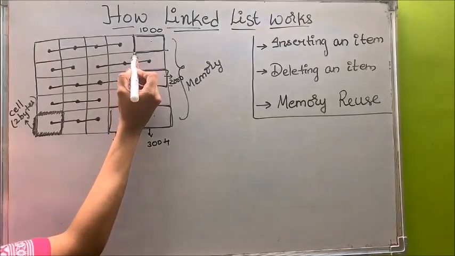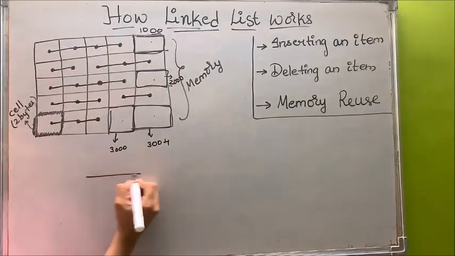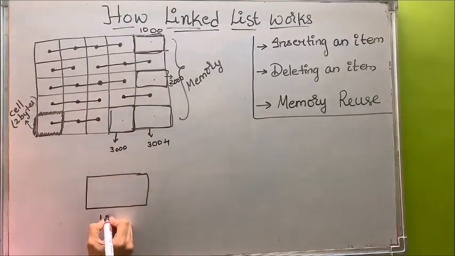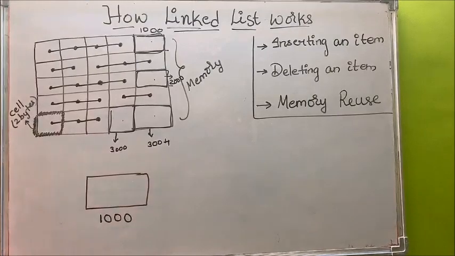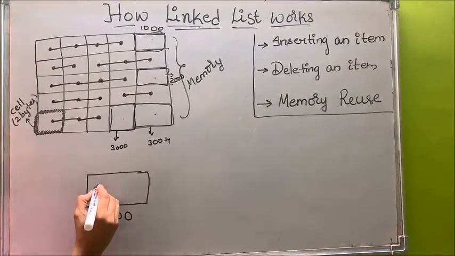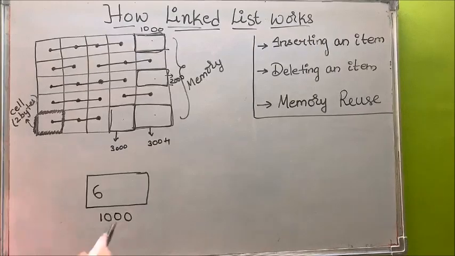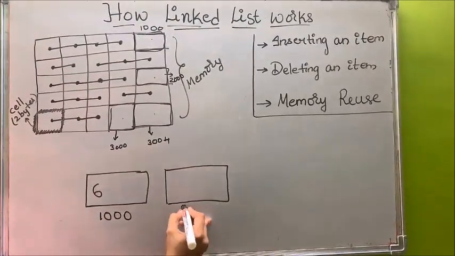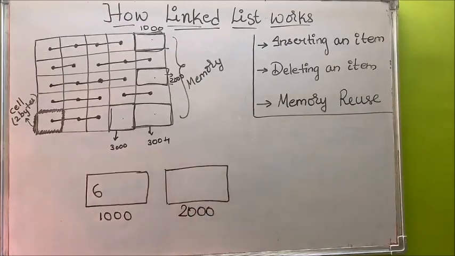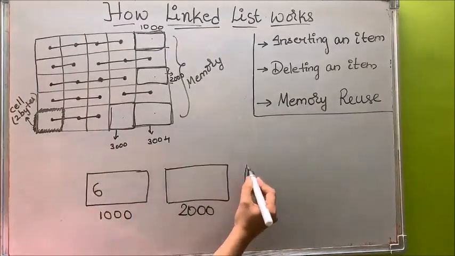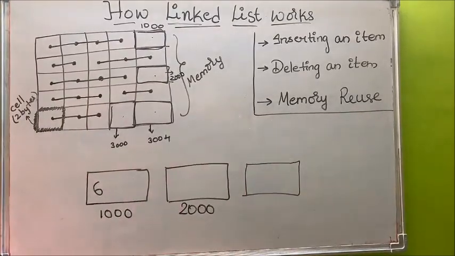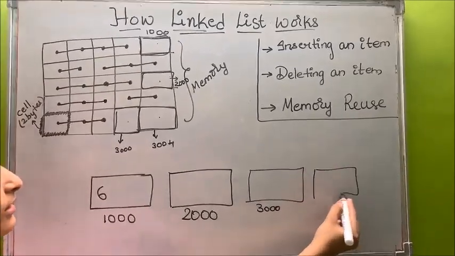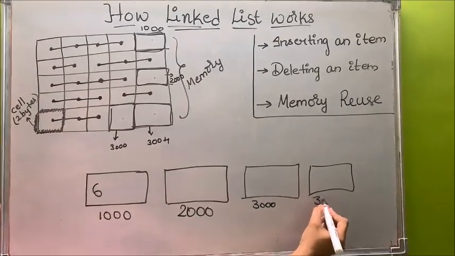So let the first node be represented like this, and the particular address for this empty cell is 1000, which stores some value 6, and the next empty cell be this one, and the address is 2000, and the third cell address 3000, and the fourth cell 3004.